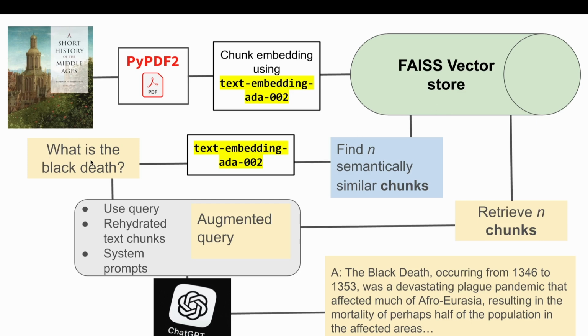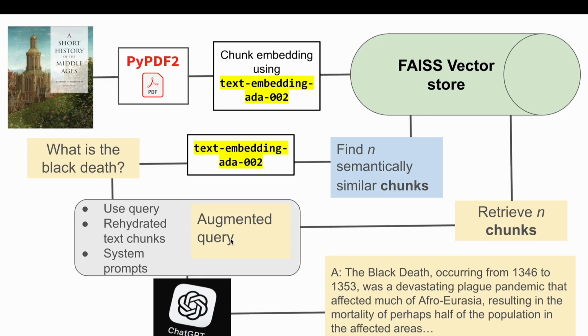When we query, our query is then embedded using the same transformer. And then we retrieve, I think it's 5 chunks in this particular application, but that can be customized. The query is matched to the 5 most similar chunks semantically from the vector store.